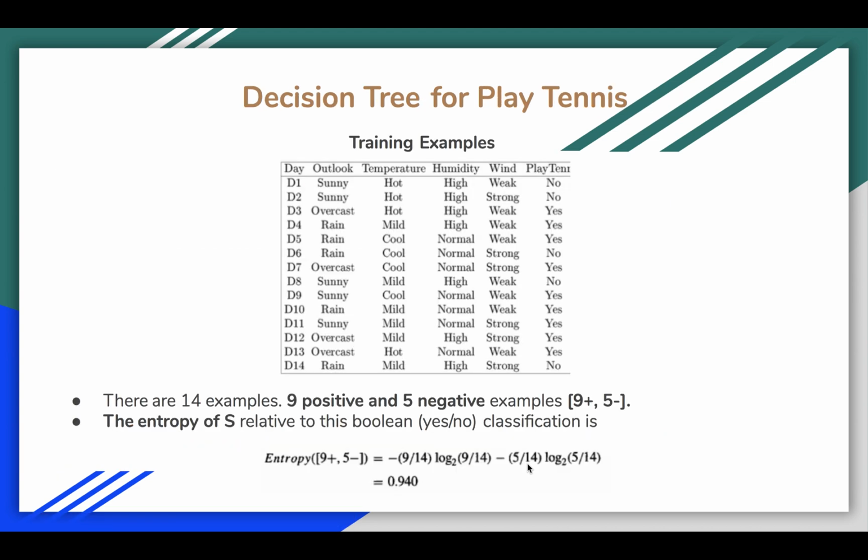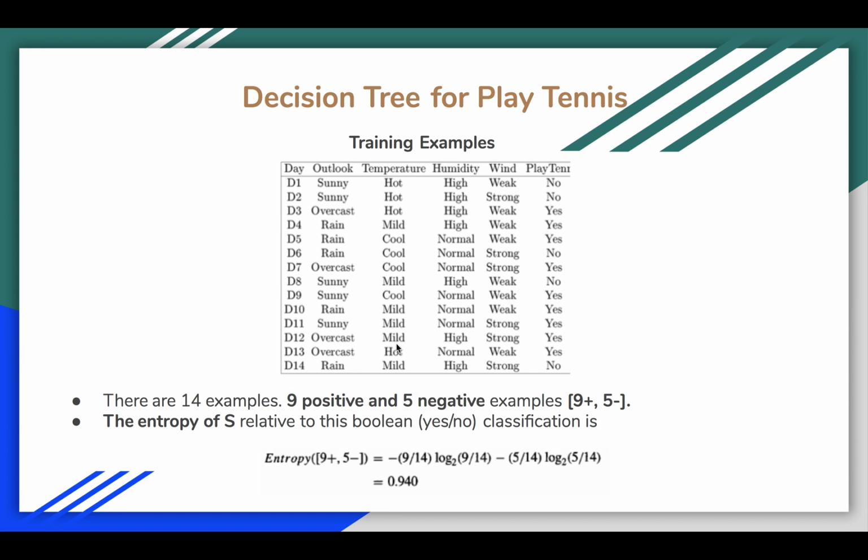Now we look at the example, as I mentioned before, the decision tree for play tennis. So we can see that there are 14 training examples. There are 4 attributes and 1 target. So we just focus on the target at first. There are 9 positives and 5 negatives, right?